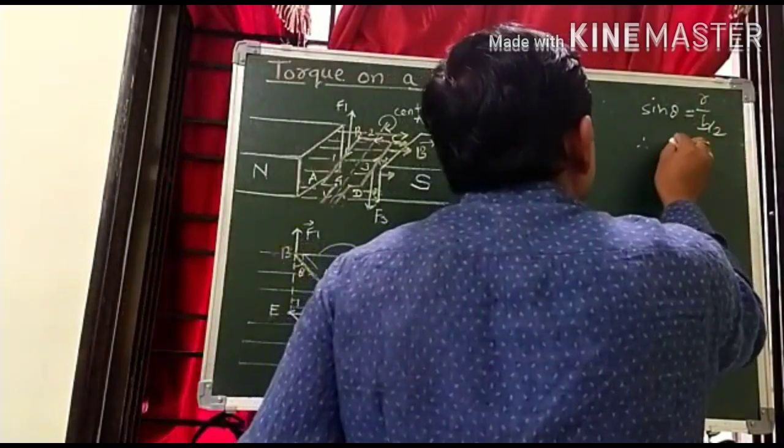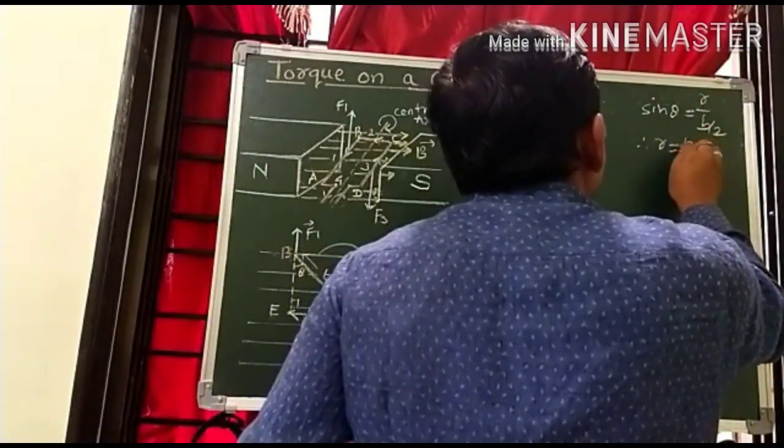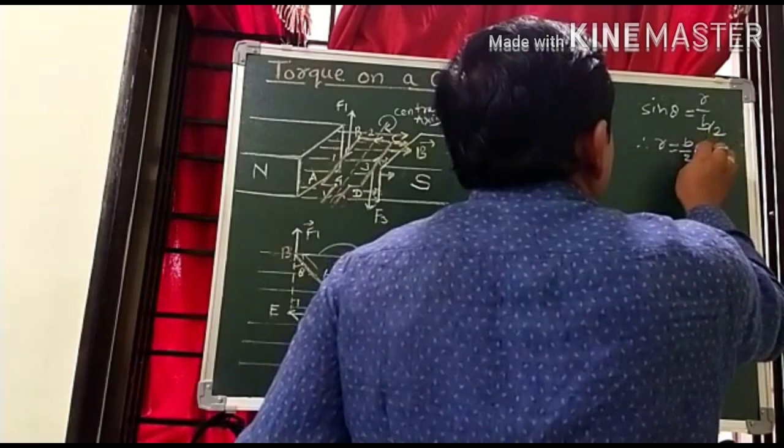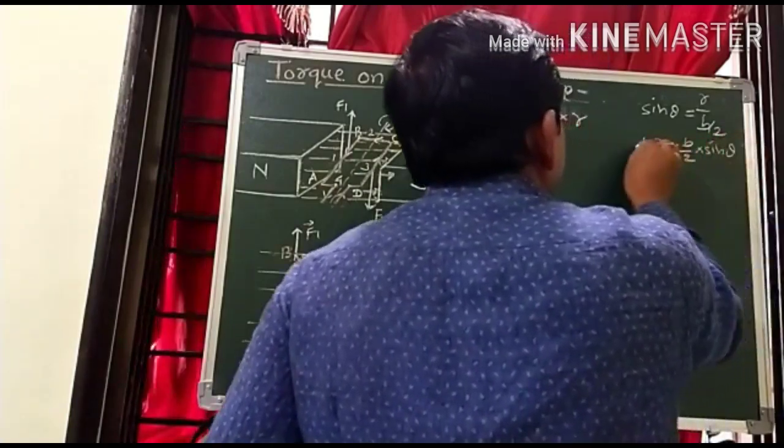Therefore r is equal to b by 2 multiplied by sin theta.